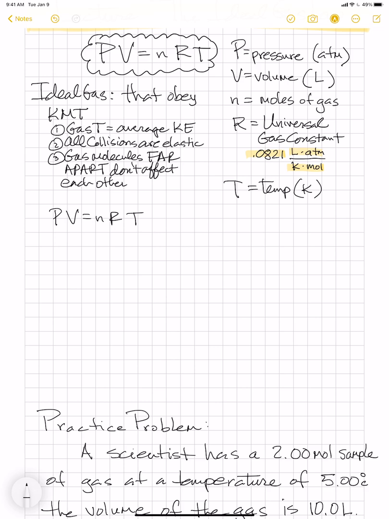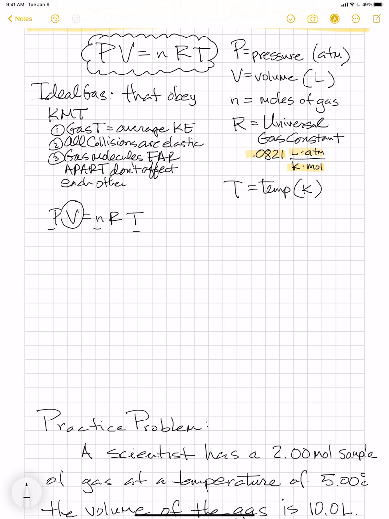So, for example, let's just say that we knew what the pressure was, we knew the number of moles, and we knew the temperature, but we didn't know the volume of a gas. And I said, hey, I need to know what the volume of this gas is. So if you knew the pressure, the number of moles, and the temperature, you could solve for V.